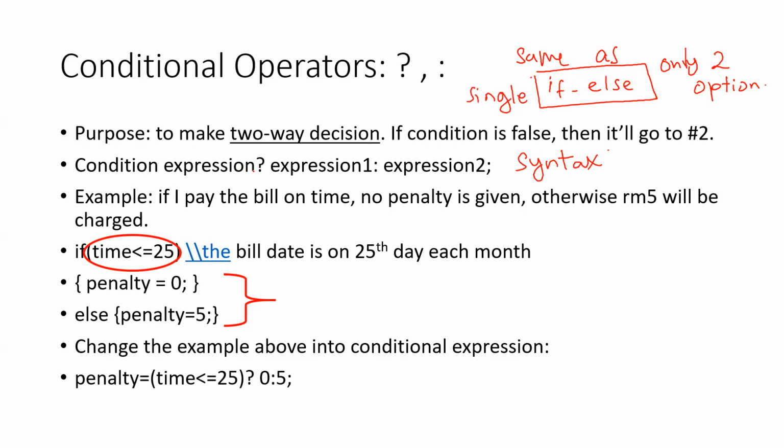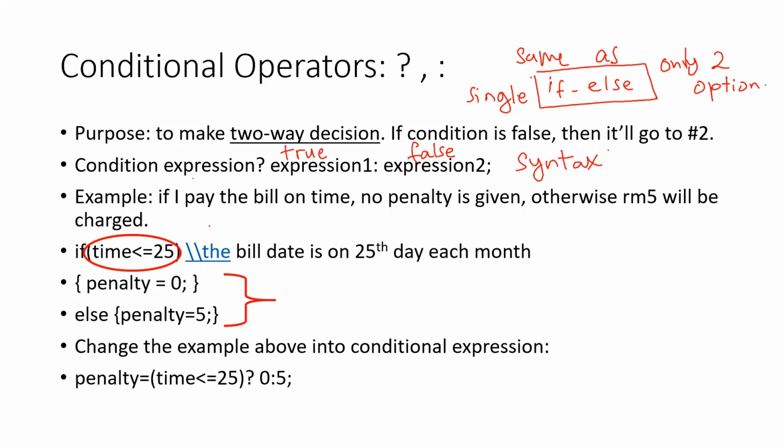Conditional operation, is it true? If it's true, it goes to expression number one. If it's false, then it goes to expression number two. So this is for the true expression, and this is for the false expression, meaning that if it doesn't fit this condition, then it will go to expression number two.